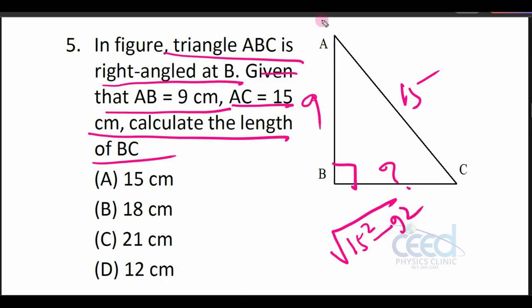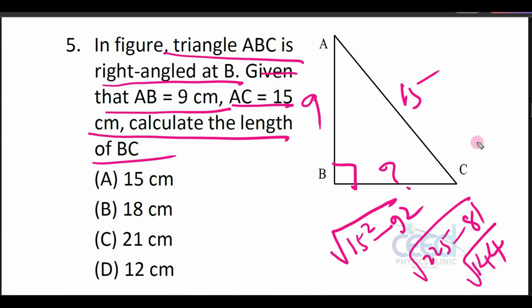This is hypotenuse square minus altitude square, that is base square. Right, this is 225 minus this is 81. Right, then you have 144. Then the root of 144 is 12. Then option D is correct.